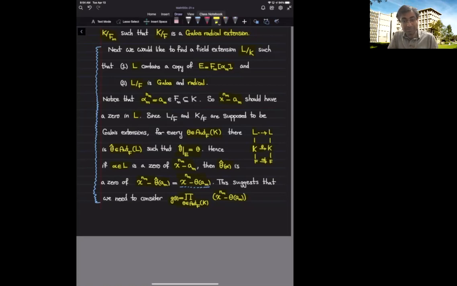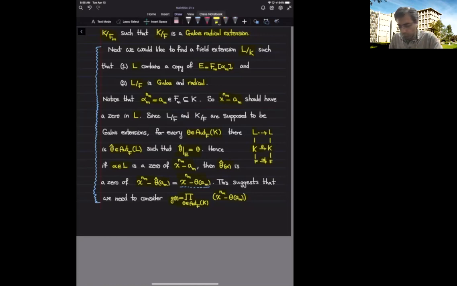So any automorphism of K over F can be extended to an automorphism of L over F. So all of a sudden we are saying that all the polynomials x to the power n minus theta of a, all of them can be factored into degree 1 factors over L.